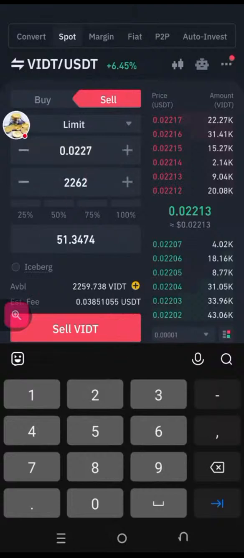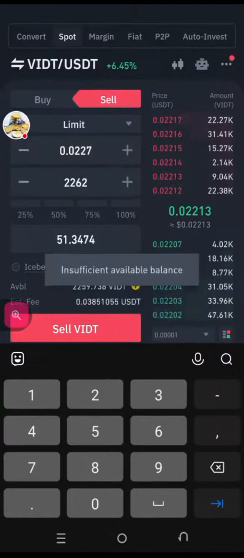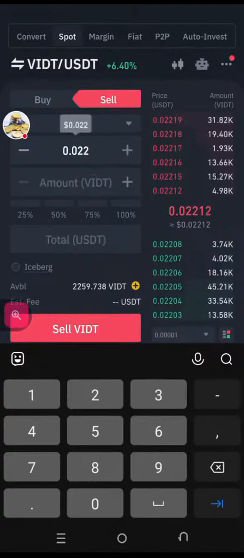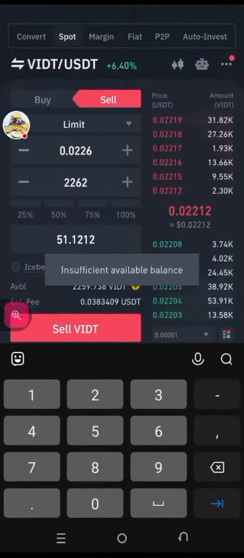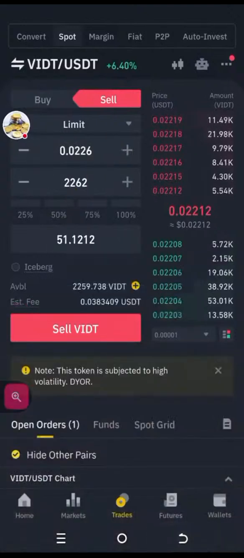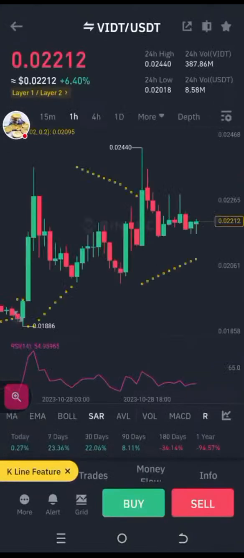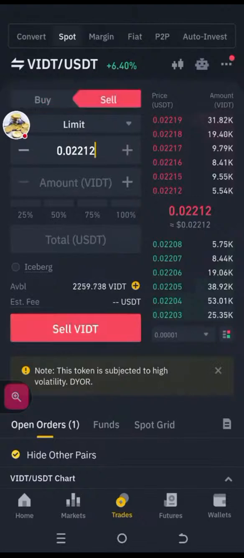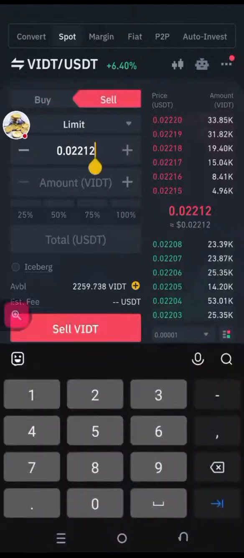Let's see what we get. Okay, $1.34. Okay, 227 looks risky, so let's put 226. Okay, let's see whether if we put 226 it's gonna work. Okay, not that much. $2, 2% more. Let's move. This one looks like it's gonna go. Let's put 226.